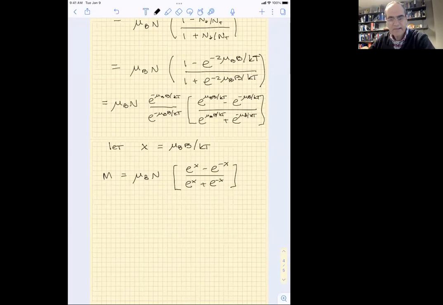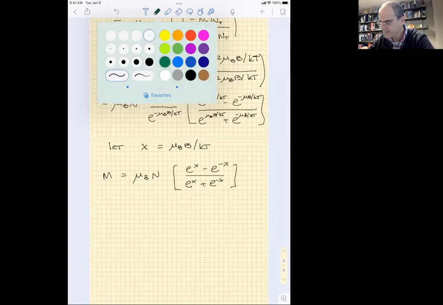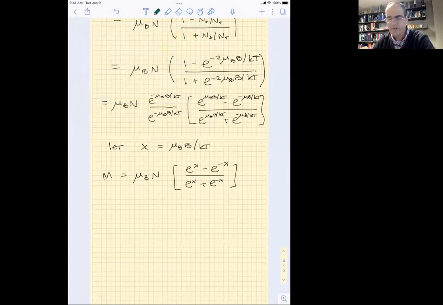Now, this last expression can be simplified. At least we can rewrite it. You'll notice that the thing in the numerator looks like hyperbolic sine. And the thing in the denominator looks like hyperbolic cosine. And the ratio of those is a hyperbolic tangent.